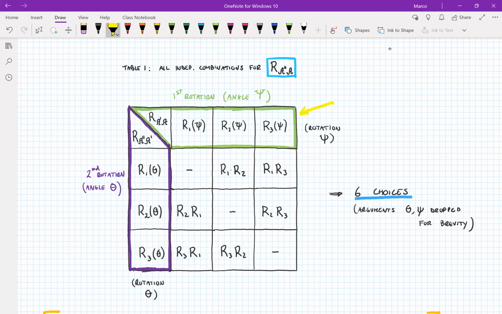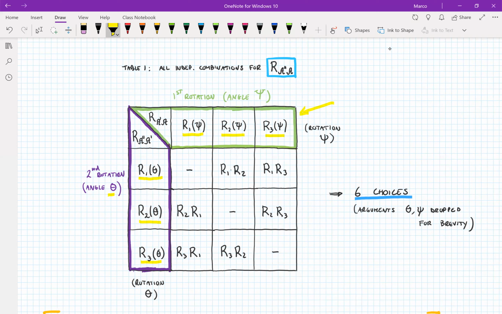So I'm going to call the angle of the first rotation psi. And so we have three different choices, R1, R2, and R3. And then when it comes to the second rotation, I'm going to keep the angle theta. And we also have three choices, R1, R2, and R3. So let's see the overall combination between these two rotations.